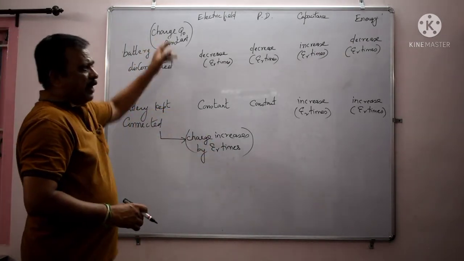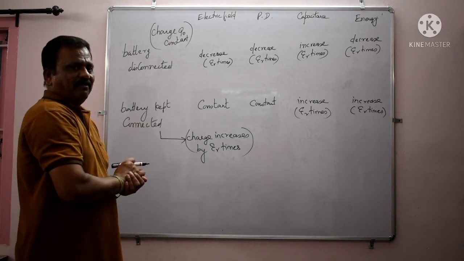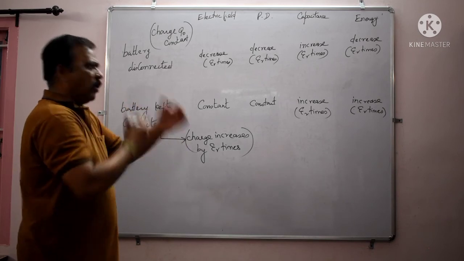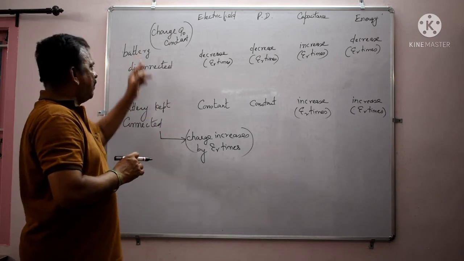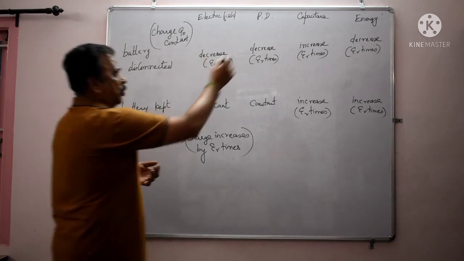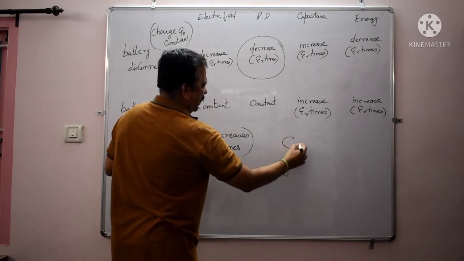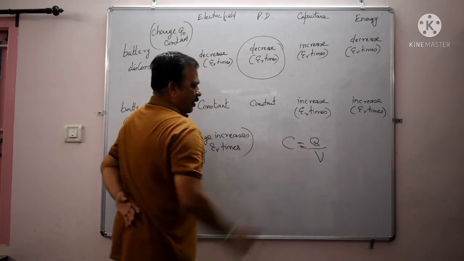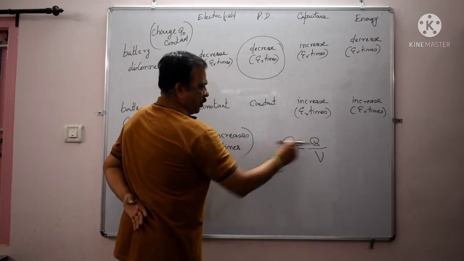But the capacitance in both these cases increases in a different way. As far as the first case is concerned, where we disconnect the battery, the increase in capacitance is due to the decrease in potential difference, because you know C is equal to Q by V. Capacitance is the ratio of charge to potential.